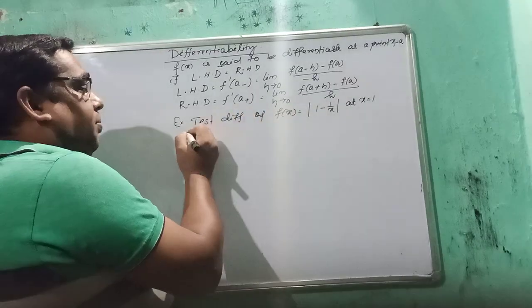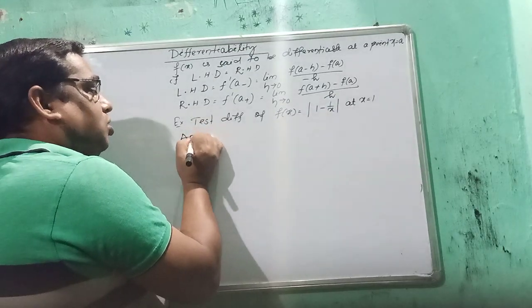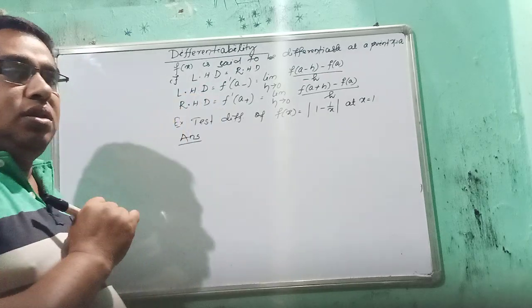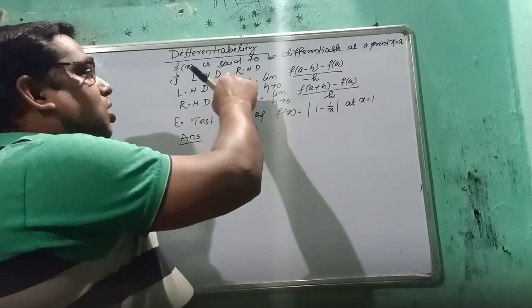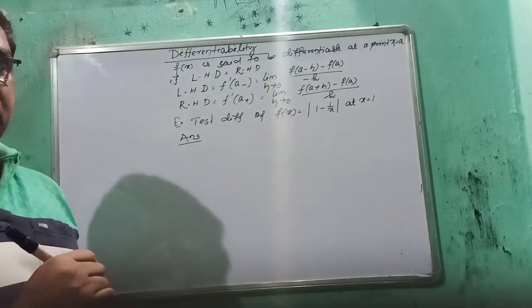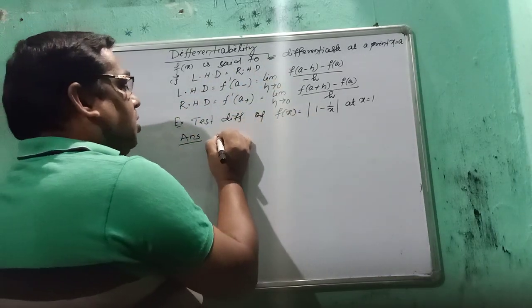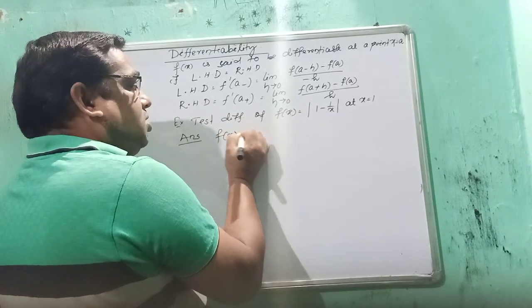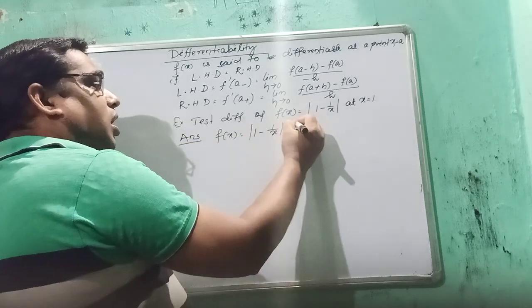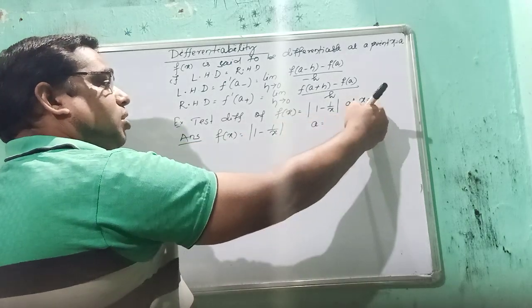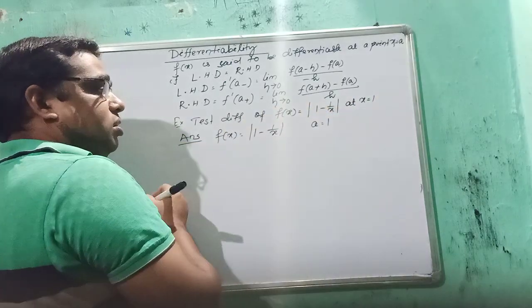To test the differentiability, we have to find the left hand derivative and the right hand derivative. If both are equal, then it is said to be differentiable. So first, f(x) is equal to modulus of 1 minus 1 by x, and the point a here is 1.